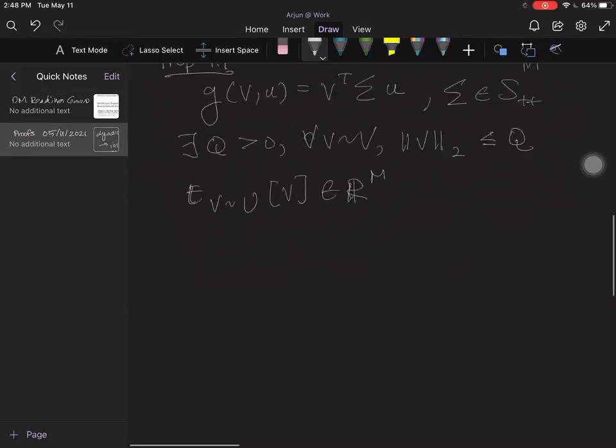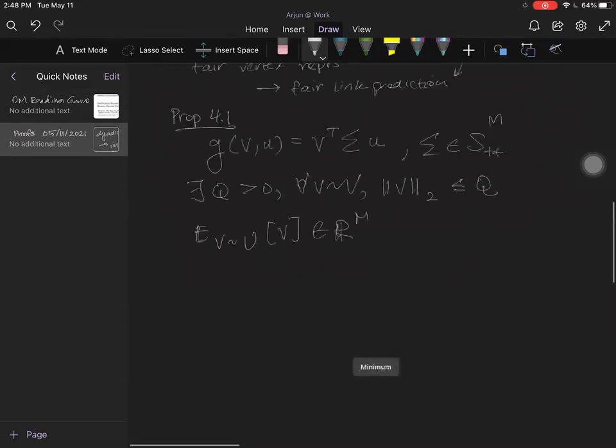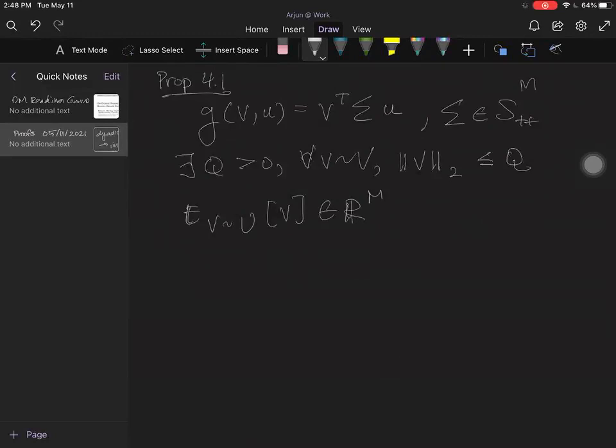And now the first part of this conditional statement says the expectation of the vertices in group S0 minus the expectation of the vertices in group S1.